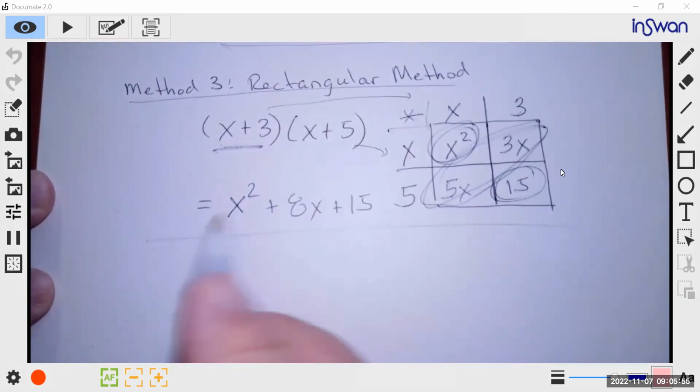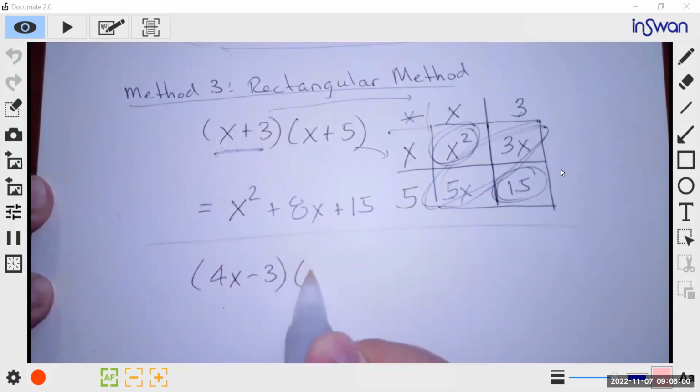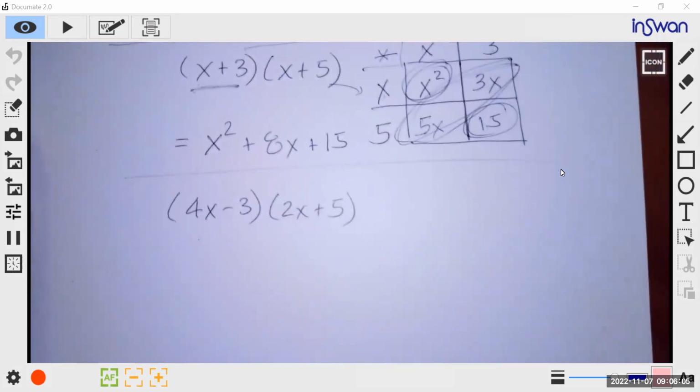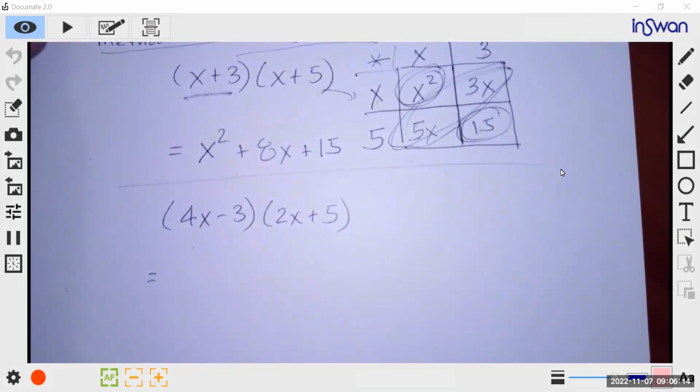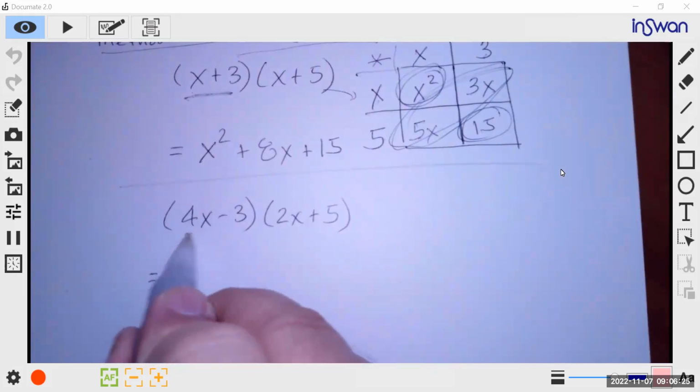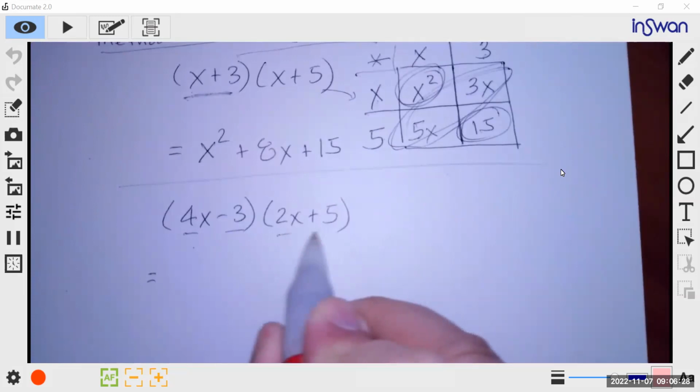Let's do another one of those, this time with a subtraction. How many rows, how many columns? 2 columns and 2 rows.